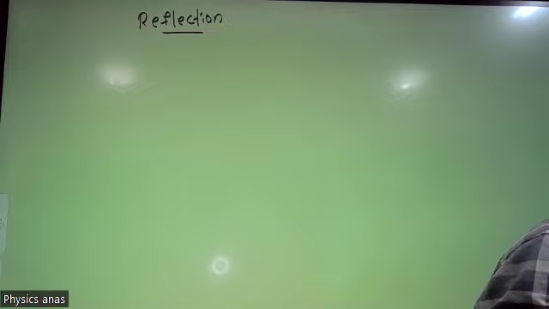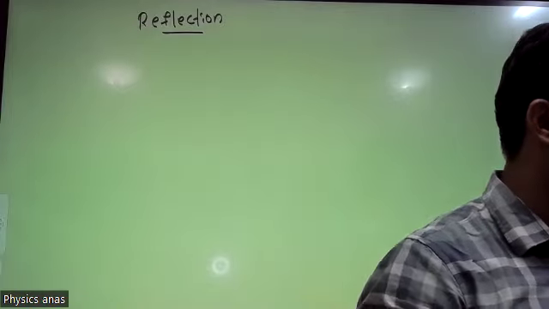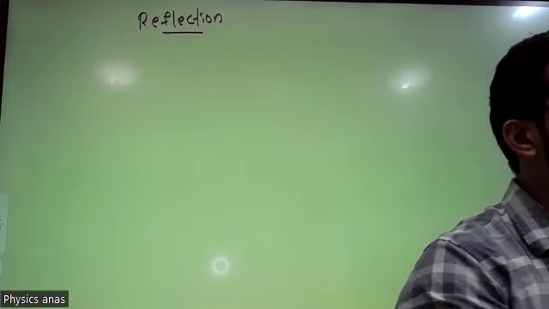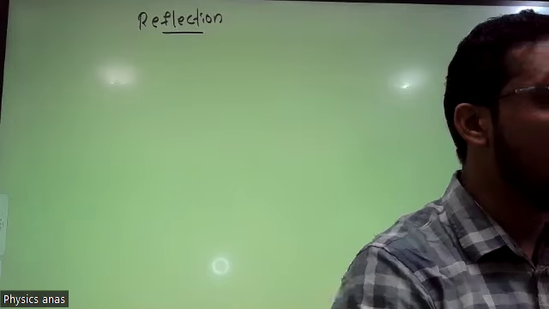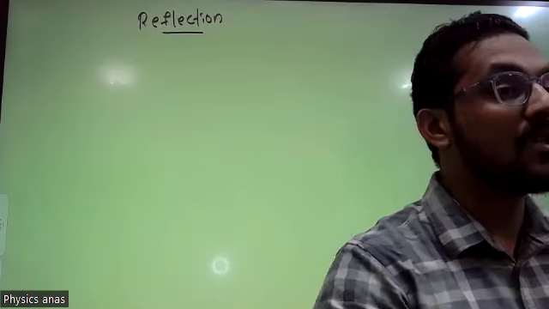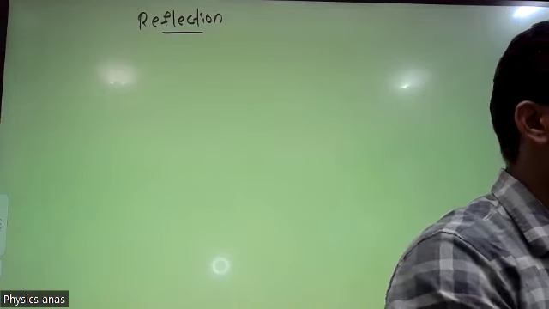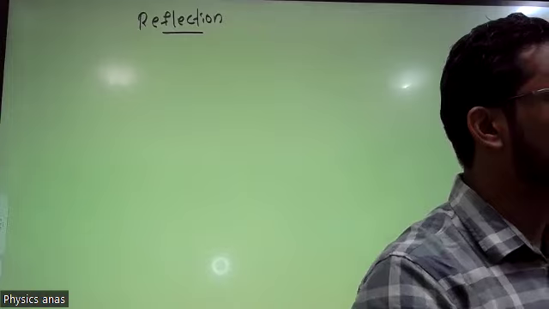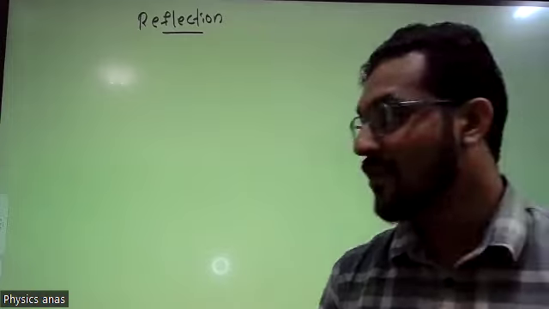We have studied the image formation by concave mirror and convex mirror, and also the sign conventions. Then the mirror formula. We have all the tools to solve our problems about the convex mirror or concave mirror. How can we do that?